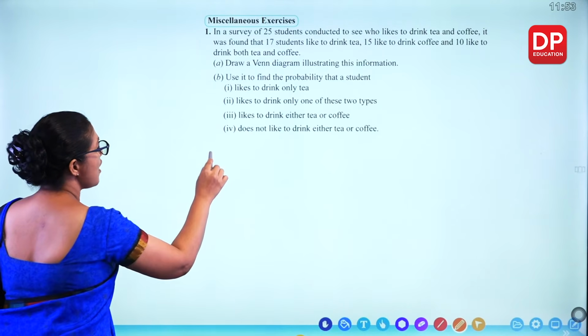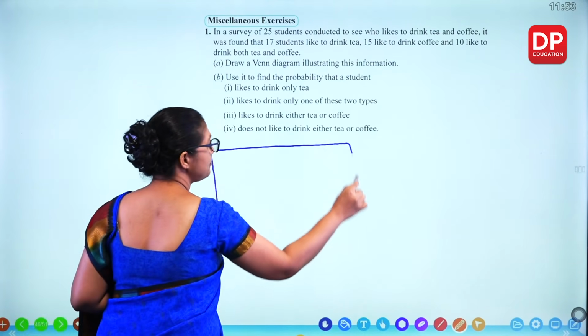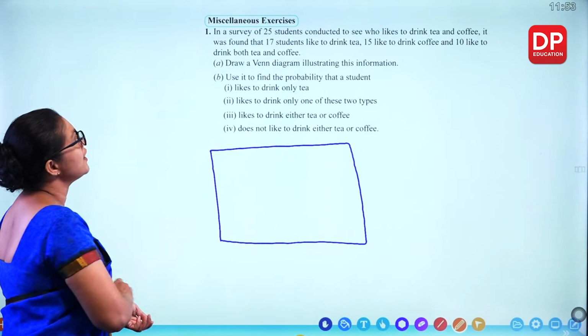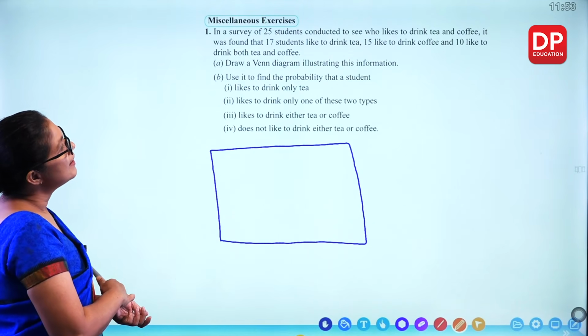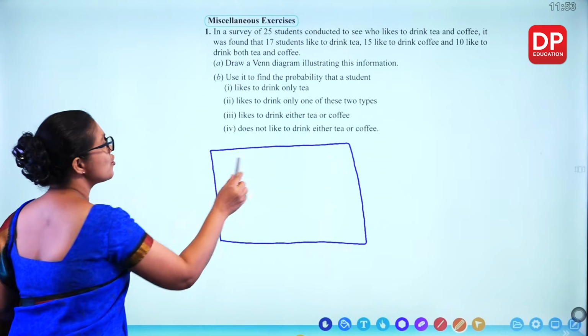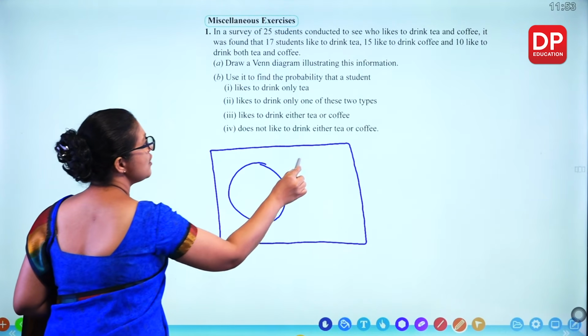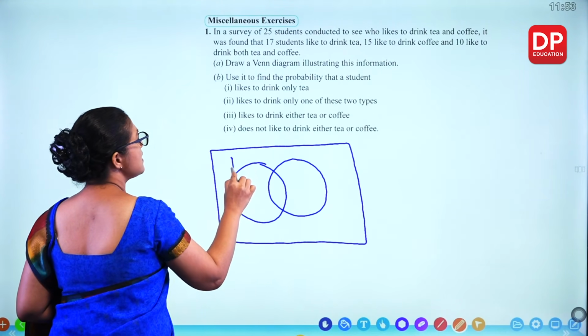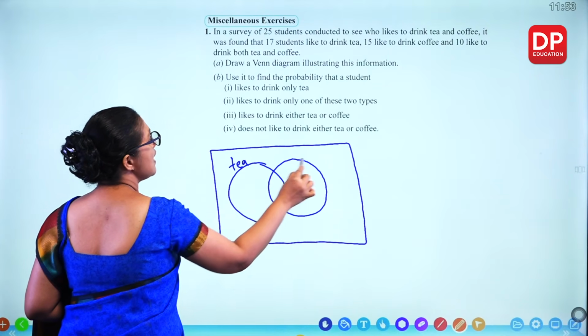So they are asking probability questions using a Venn diagram now. We'll first try to draw the Venn diagram. Okay, what are the sets? Tea and coffee means 2 sets are there, so you need to draw 2 circles, tea and coffee.